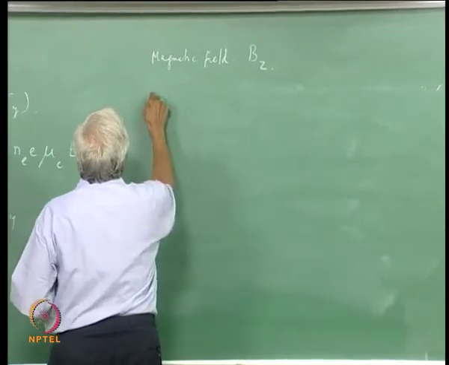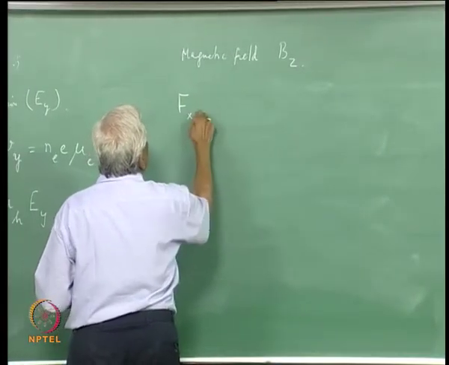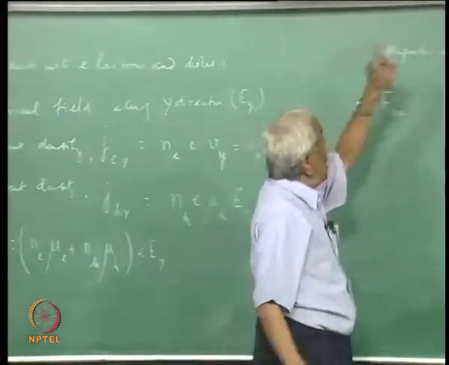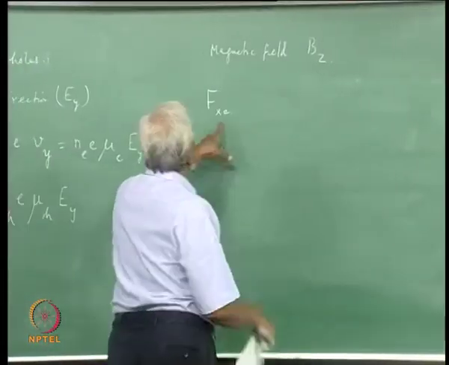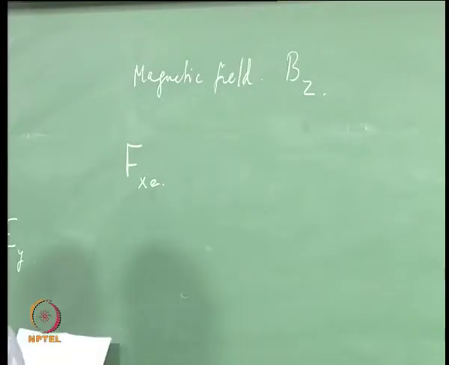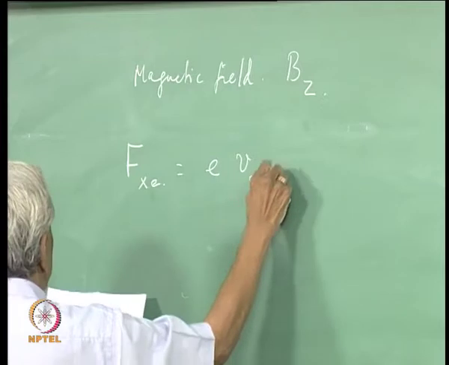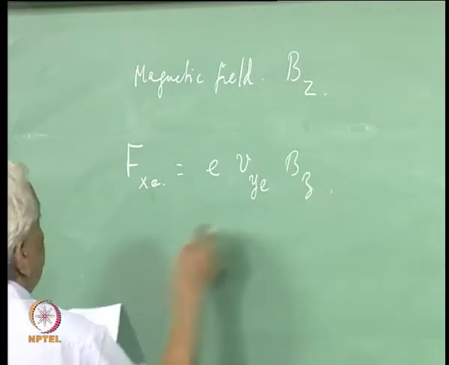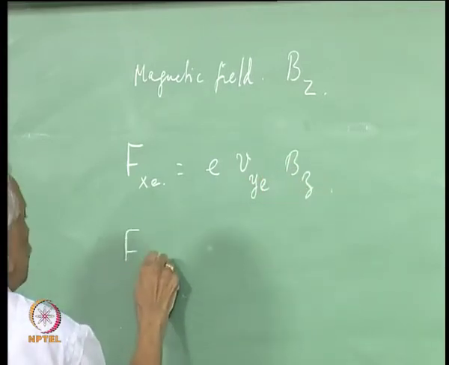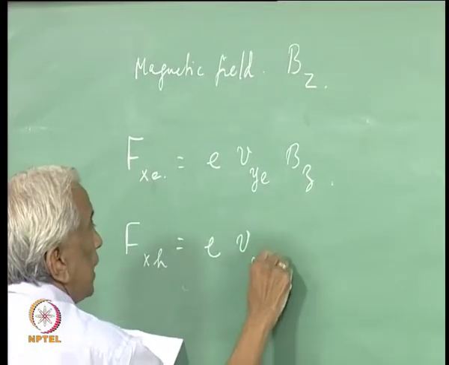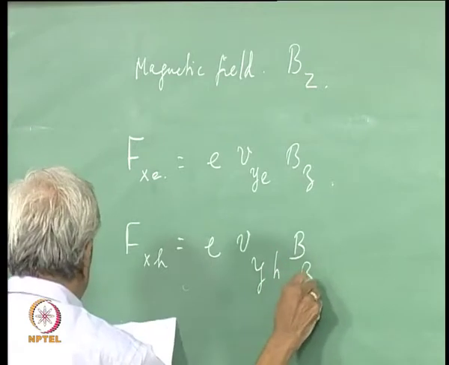So, the Lorentz force on the electrons, which will be in the direction perpendicular to y and z, namely the x direction, we write as F_x,e = e v_y,e B_z. The force acting on the hole is e v_y,h B_z.